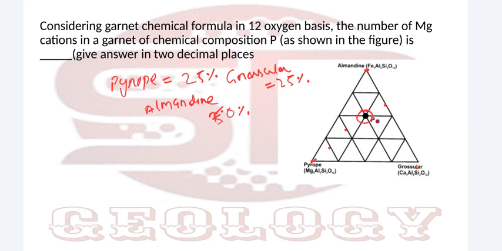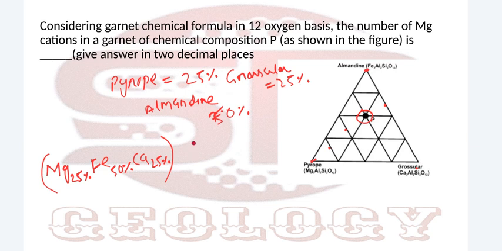So if you write down the formula for this composition P, it will be pyrope Mg 25%, Fe from almandine at 50%, and grossular, that is Ca, 25%.